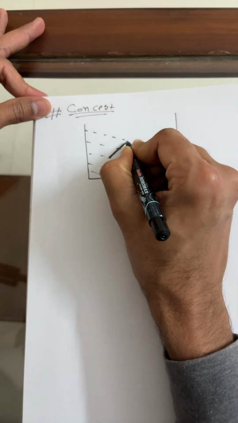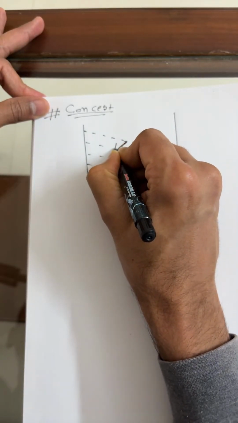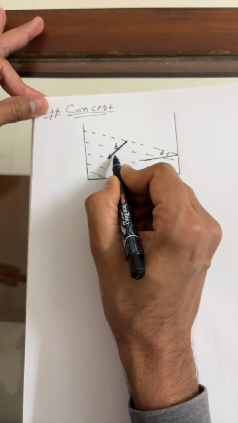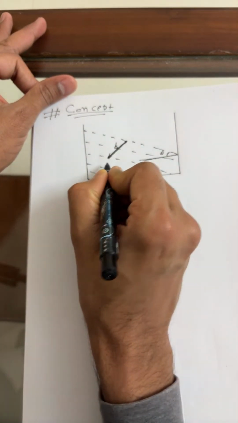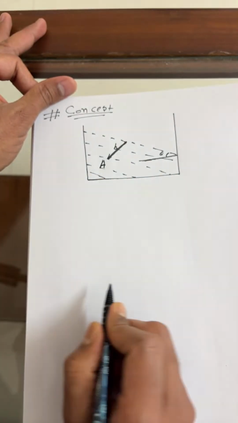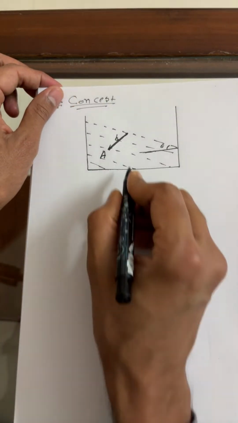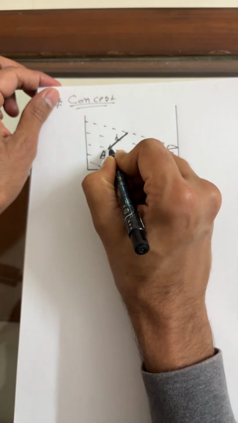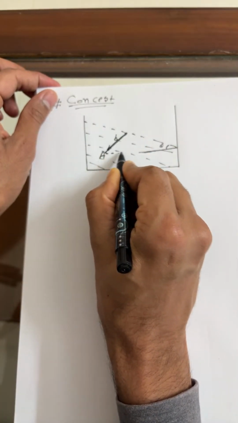I'm considering one situation here. Let us suppose this is h, and this h is parallel to g effective. You can see this is at point A. In fact, I can enlarge this here, then I'll use the same concept everywhere.